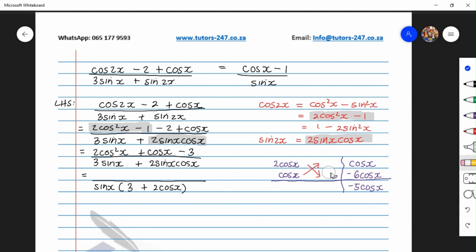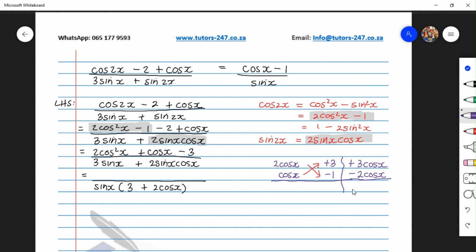So we'll keep on swapping and changing combinations until we get something that works. So let's use positive 3 on top and negative 1 at the bottom. So if we multiply cos x times positive 3, that gives us positive 3 cos x. If we multiply positive 2 cos x and negative 1, we end up with negative 2 cos x.